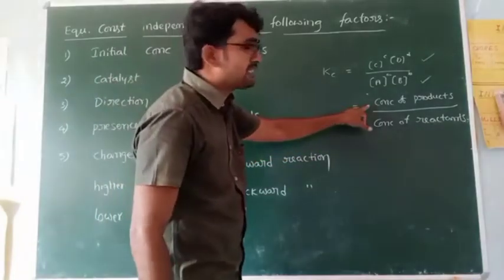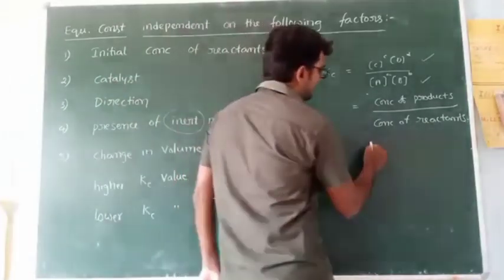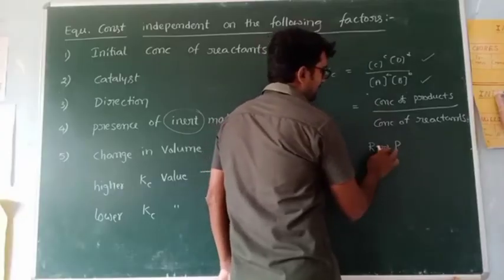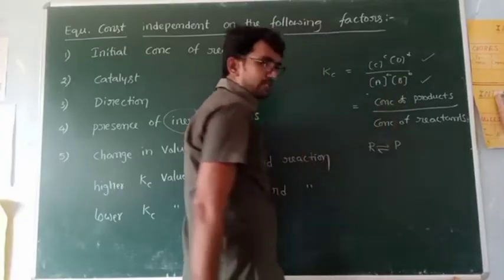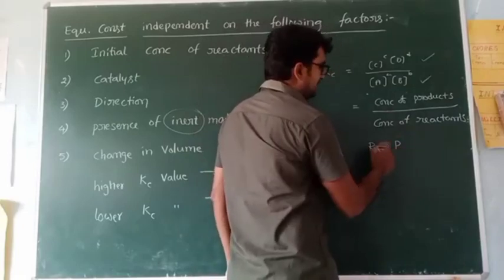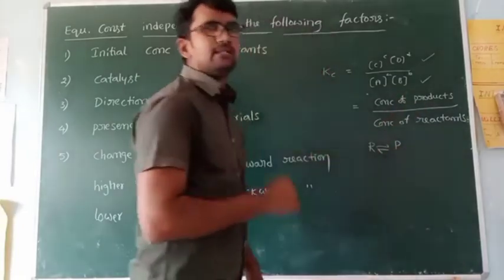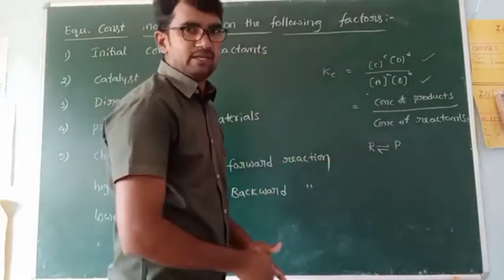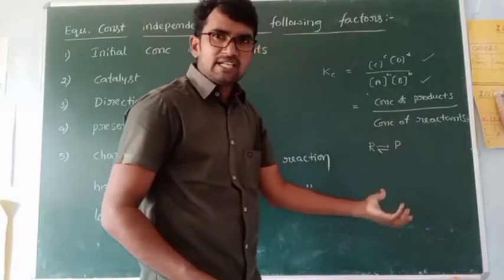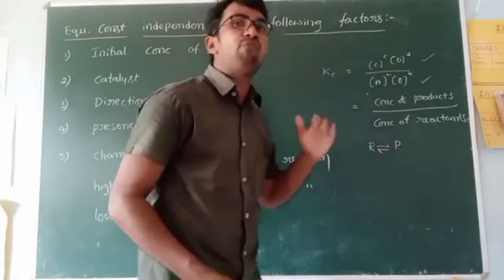If the concentration of products increases, for example in any chemical reaction where reactants give products, is it a forward reaction or backward reaction? Simply it is a forward reaction. In the forward reaction, reactants are converted to products.